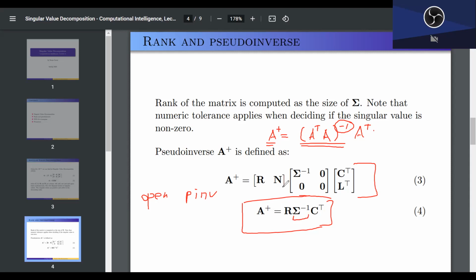Why? Who can tell me? Someone answer me. Why is this not circular? This is easy to compute. Why does this term, while it contains an inverse, is easy to compute?